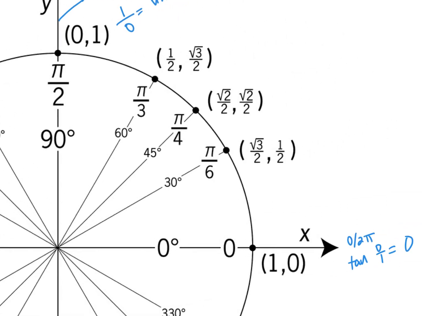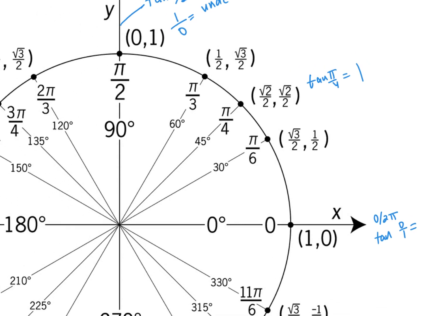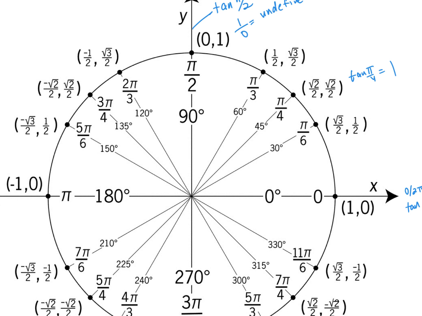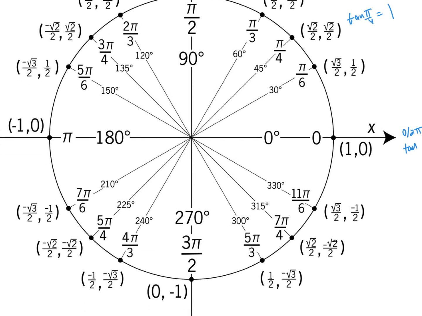What's the tangent at pi over 4? Take the y value, put it over the x. 1. Good, Brian. Guys, what's the tangent at 3 pi over 4? Negative 1. What's the tangent at 5 pi over 4?